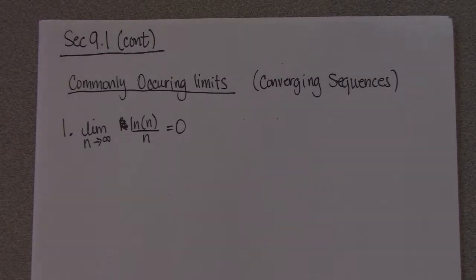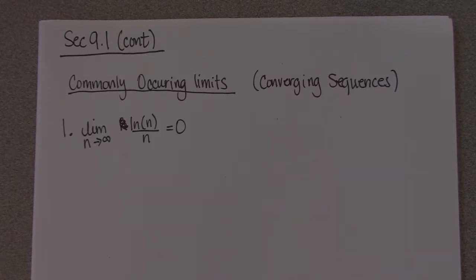Since this limit goes to 0, well, the natural log of n is going to go to infinity as n goes to infinity, because it's an increasing function. But if you remember what logs look like, they're the inverse of exponentials. So even though they increase to infinity, they sort of bend, and so as n gets bigger, it's increasing at a decreasing rate, right? It levels off.